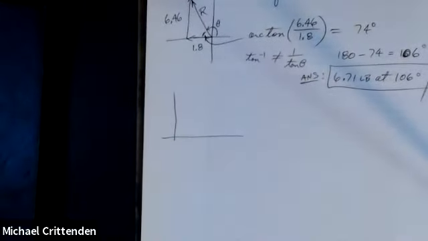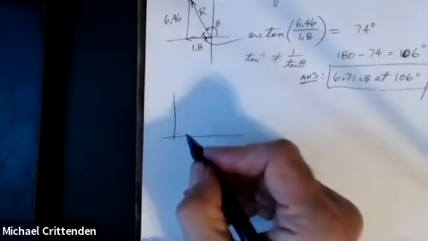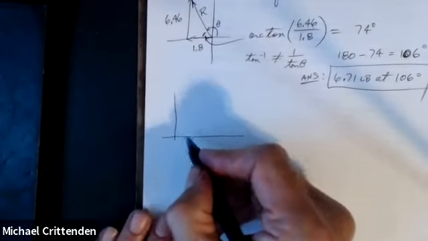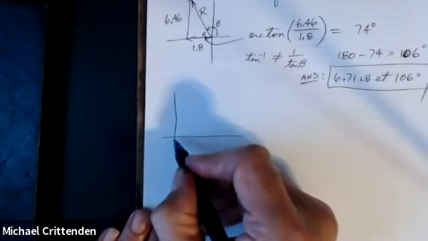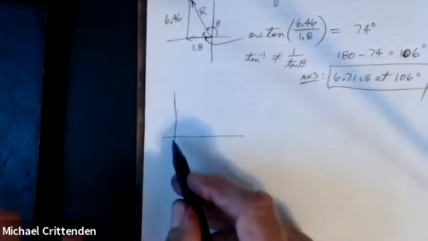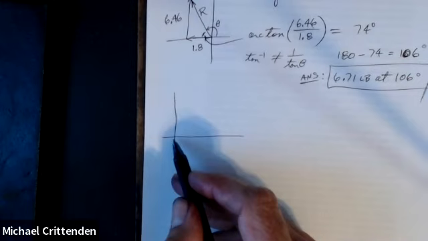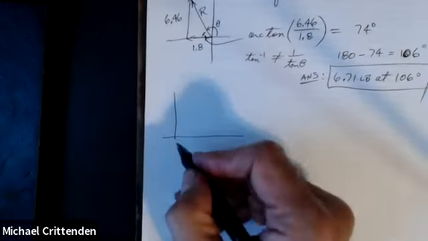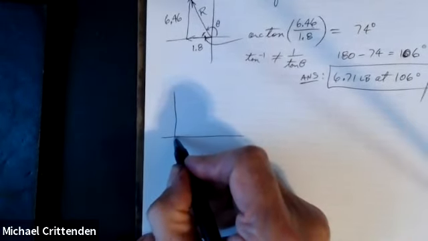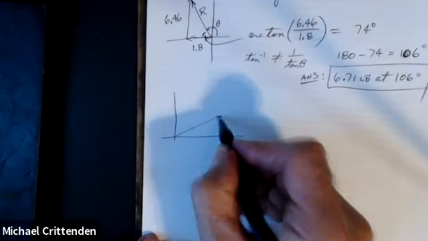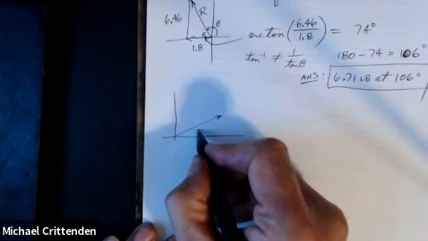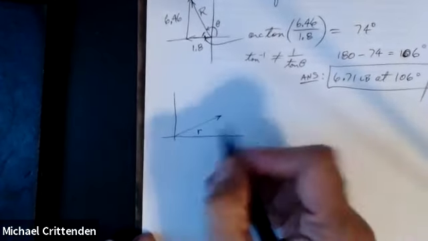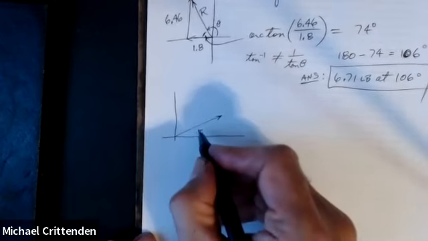So let's say there was a mosquito flying around in here. And at one particular moment, this here, the origin is some convenient reference point that I've chosen, and x means horizontal and y means vertical. And at some particular moment, the mosquito is there. R for radius, the radius vector out from the origin to where the mosquito is.